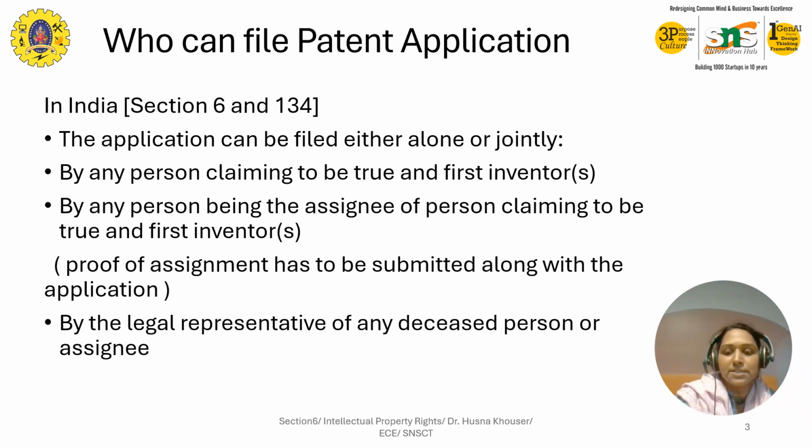So Section 6 helps us better understand who the true and first inventor is, and who is claiming to be the first inventor. An inventor can apply for a patent, and similarly, because the invention can be assigned to somebody, if we want to assign our invention to another person, we have to give them the right to apply for the patent, on similar lines as the legal representative of the true and first inventor.